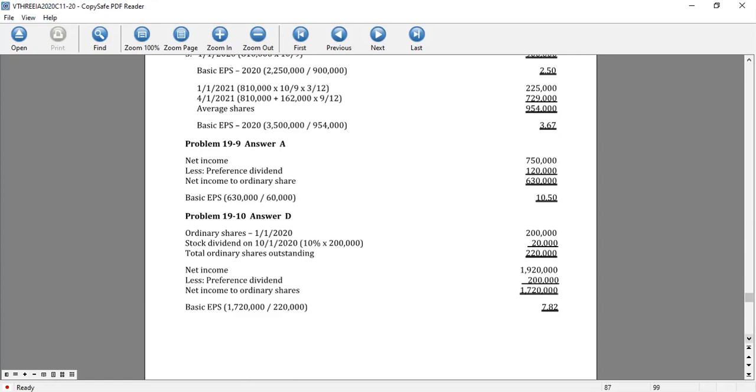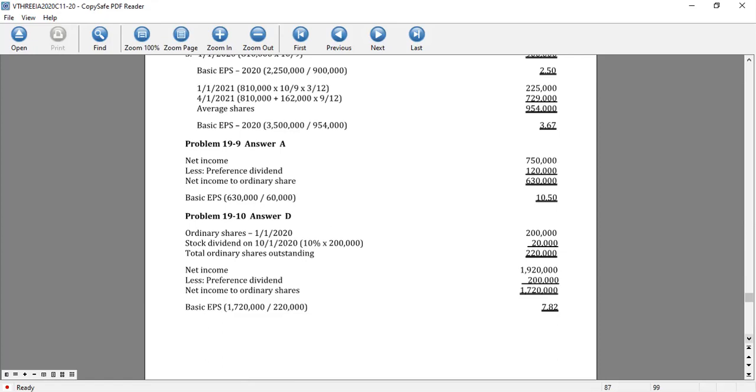So in number 10, first we have the ordinary shares. On January 1, 2020, that's 200,000. Then the stock dividend on October 1, 2020, 10% share dividend. So 10% multiplied by 200,000 as the original number of shares. So we have 20,000 shares. So the total ordinary shares outstanding is 220,000.